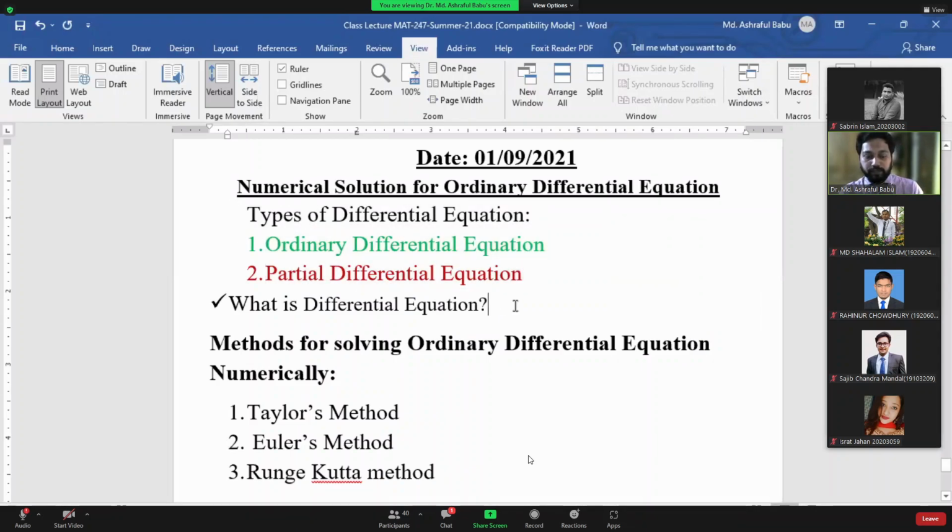Okay, so the first question is what actually is a differential equation.